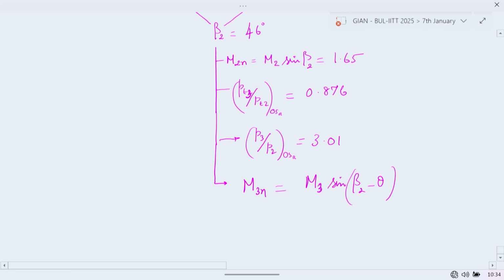What is the value for M3n? 0.654. Yeah, is that what you're getting? Okay. So from this you can find M3.